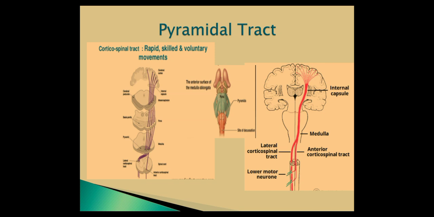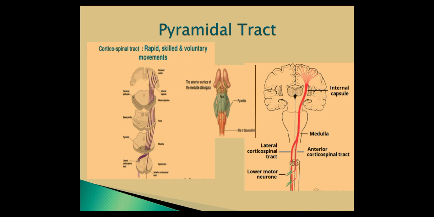Mostly the pyramidal tract originates from the cortex, basically from area number 4, where the pyramidal cells or giant Betz cells are present abundantly. Due to the origination from this specific pyramidal cell type, some people think it should be named a pyramidal tract, but it is not so.